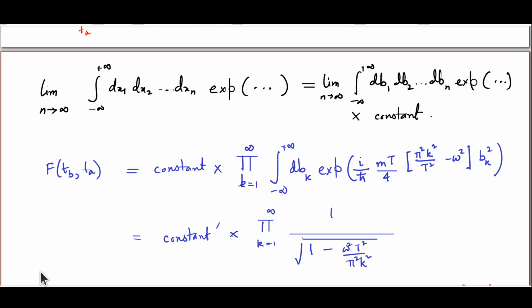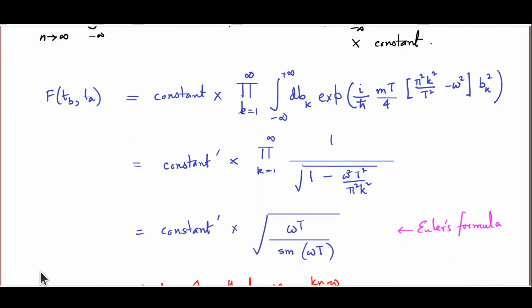Now the reason why I have decided to write down the product in this particular fashion and absorb the rest of the factors in the constant is the following. This particular infinite product has a very, very simple formal expression.